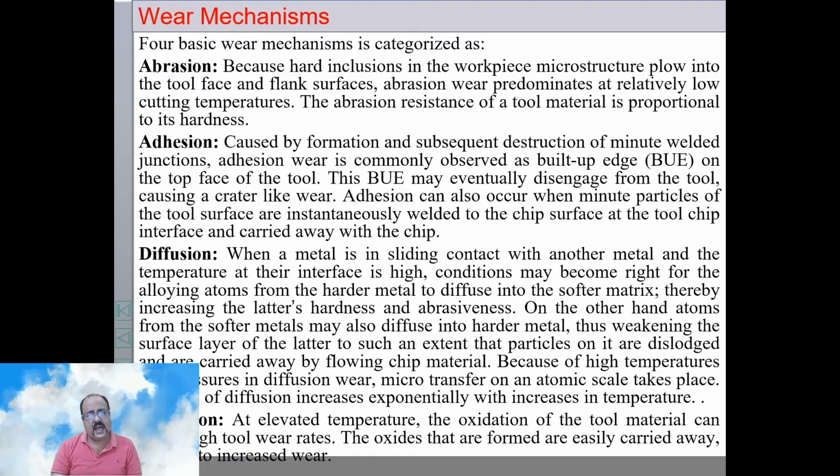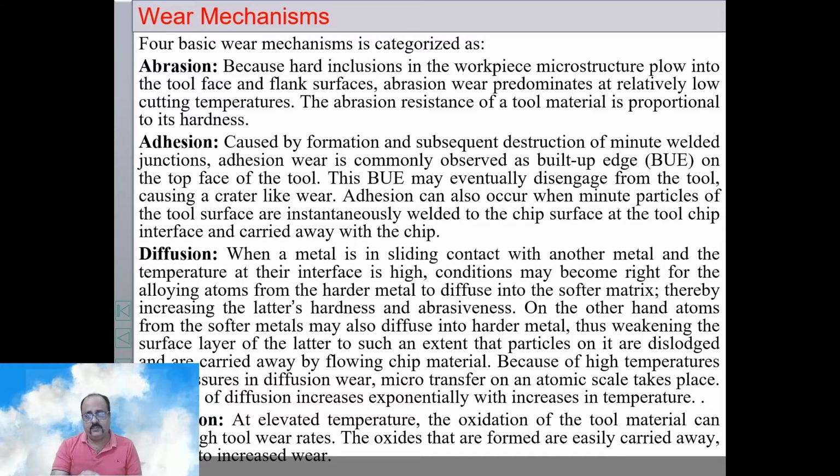And at still higher cutting speed, diffusion takes place. What happens under diffusion? Atoms from the hard cutting tool material diffuse into the soft workpiece material, making the workpiece material hard and simultaneously making the tool material soft.